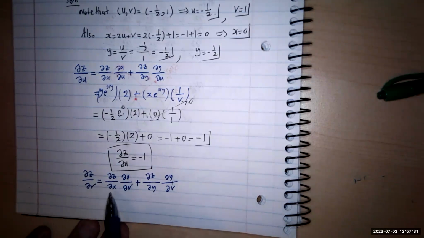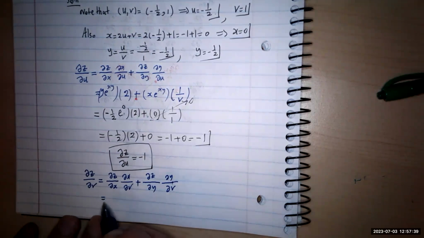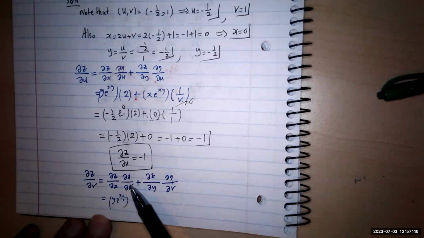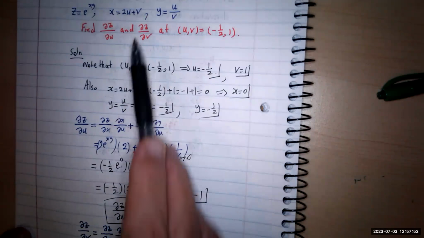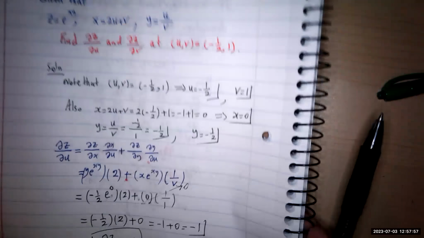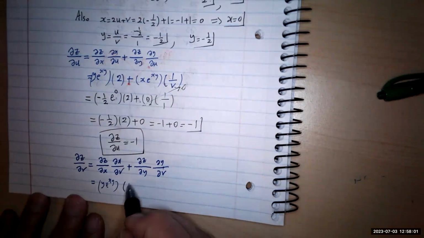You already got ∂z/∂x from the first part, so you don't have to worry about it. It's the same thing, y e to the xy. The only new one is the derivative of x with respect to v. What was the x? You see, this is x, with respect to v would be just 1. So that would be just times 1.